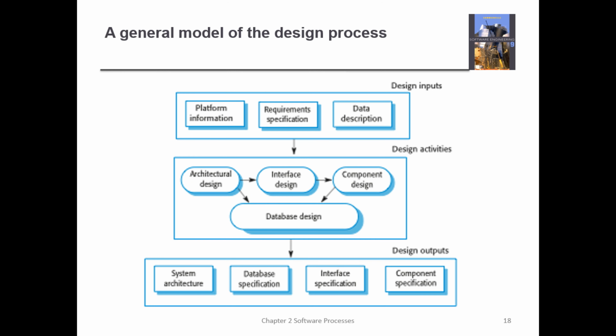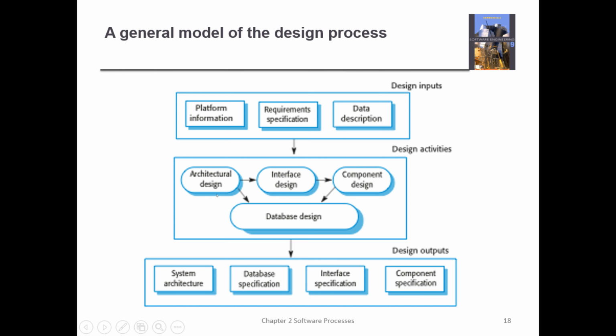So this is the general model of the design process. You have design inputs. These are the activities in the design. For the design inputs, you must look at the platform information, the requirement specification, and the data description. Then the activities, you come up with several.